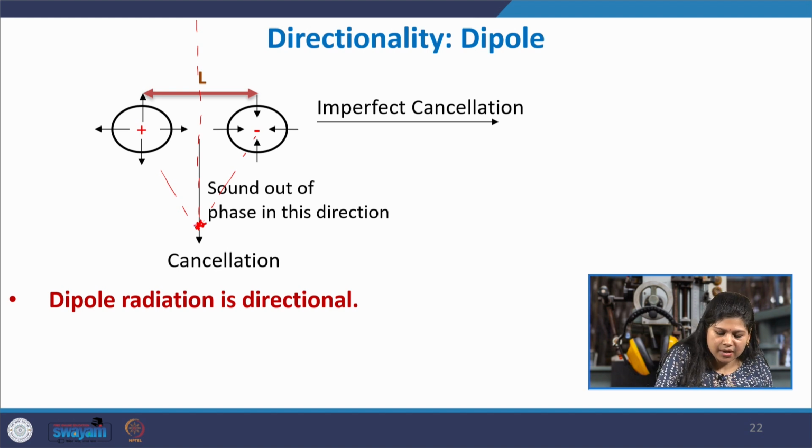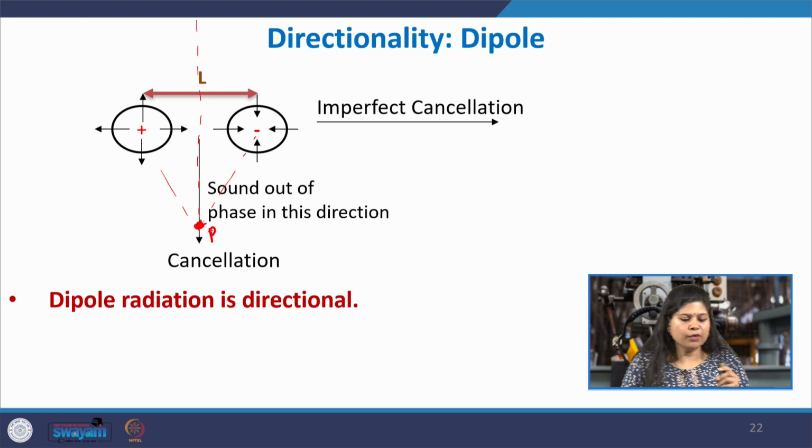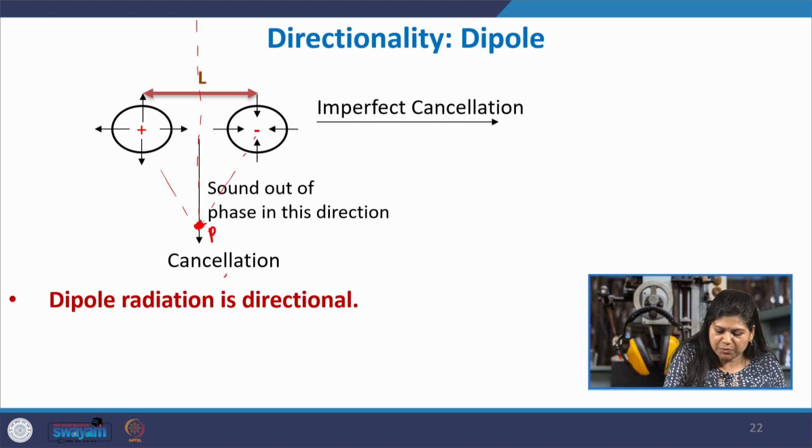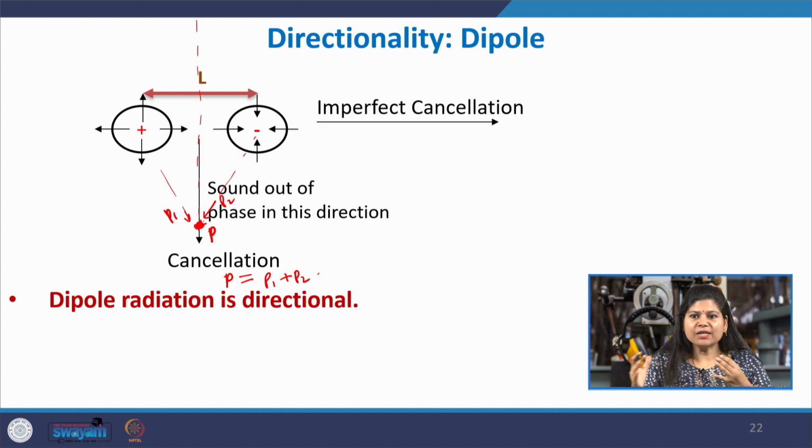Let us say there was any point P on this particular line, then there would be a perfect cancellation, because P would be an addition of a sound wave P1 due to one monopole and another sound wave P2 due to the other, but they are antiphase to each other.